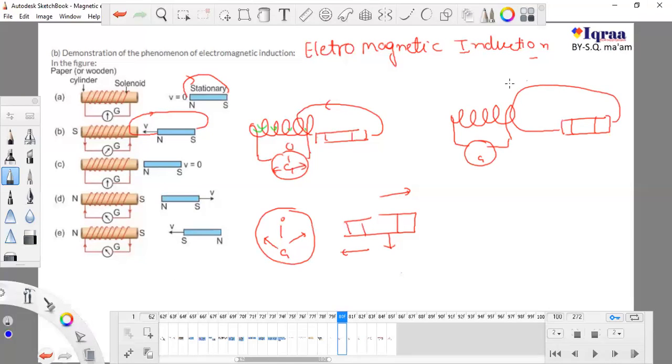With the effect of these magnetic field lines, this coil will definitely also face their effect, and that is the flow of electricity. So this is the flow of electricity in the coil by this method.